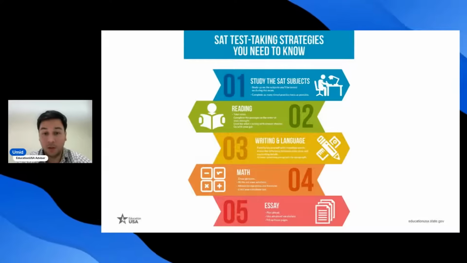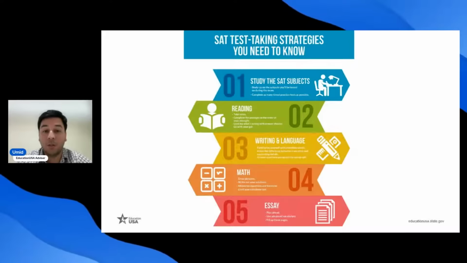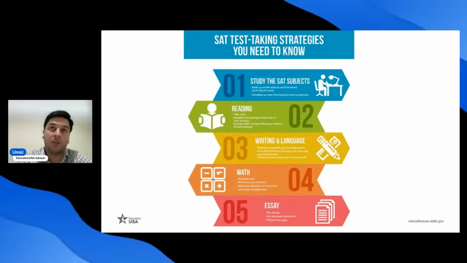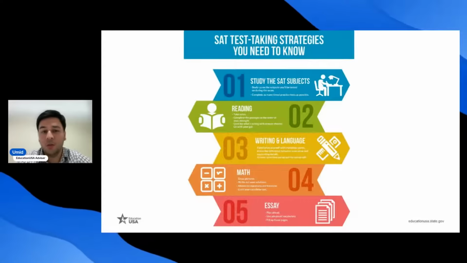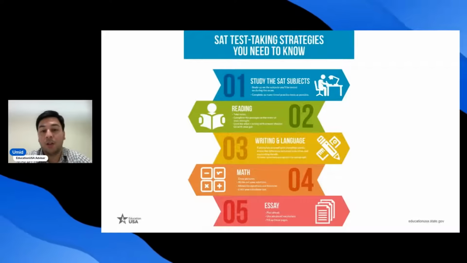For reading, you should take notes and complete the passages in the order of your strength. If you are not sure whether you can answer a question, and it's taking you a lot of time, you should simply go to the next question and look at what's wrong with the answer choices.